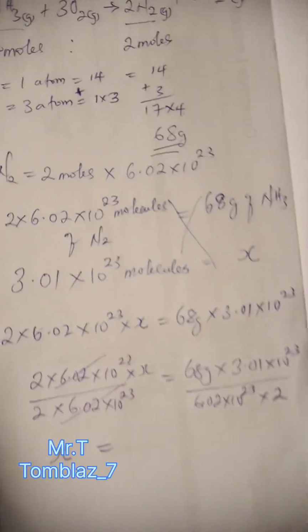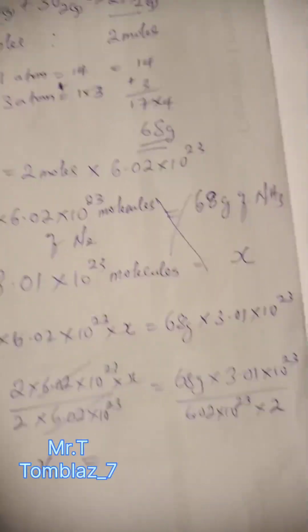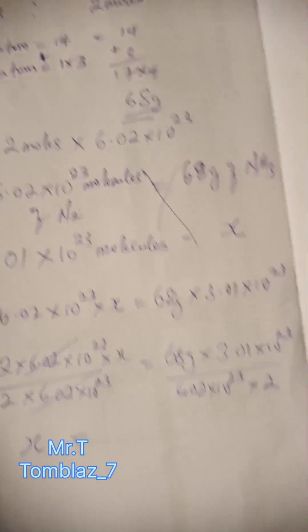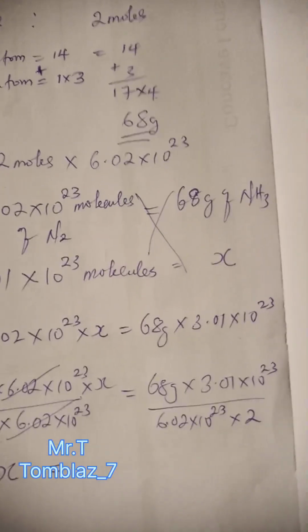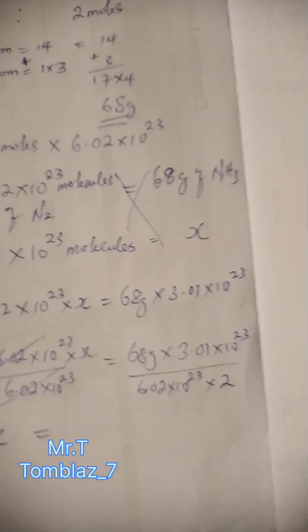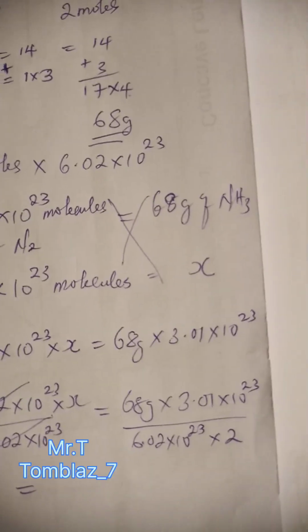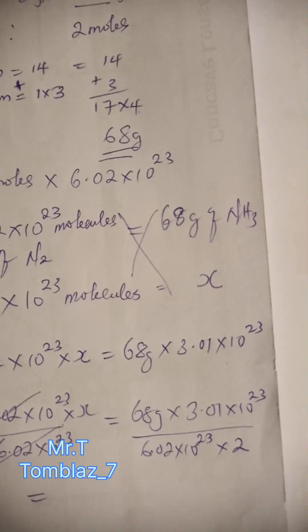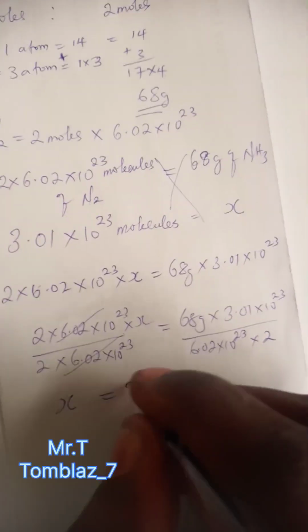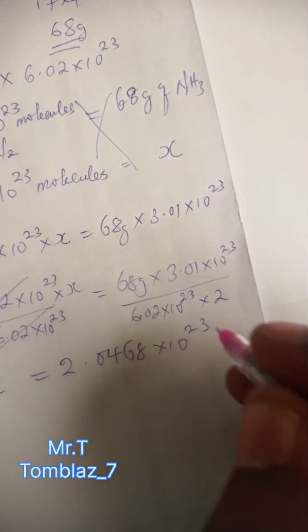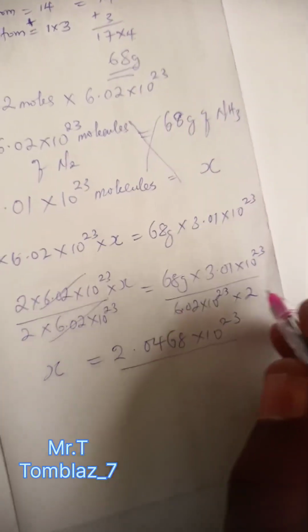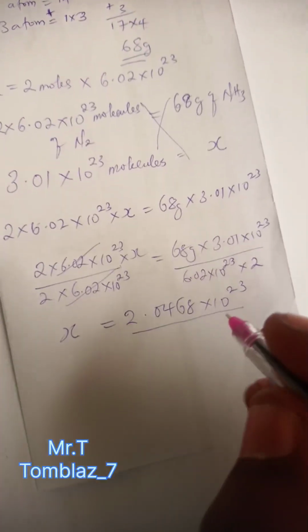So let's multiply our numerator now. So we have 68 times 3.01 exponential 23. So we're going to be having 2.0468 times 10 raised to power 25, divided by 2 times this value.